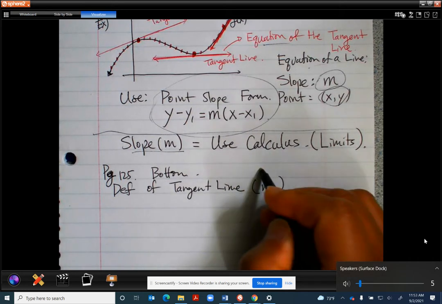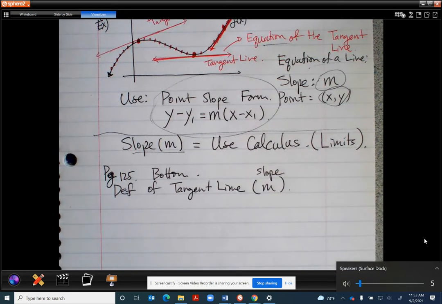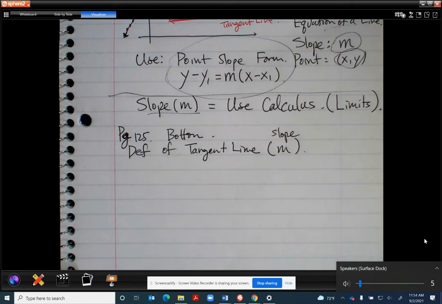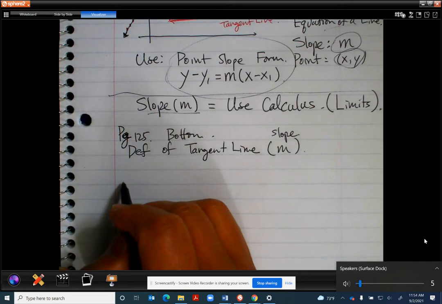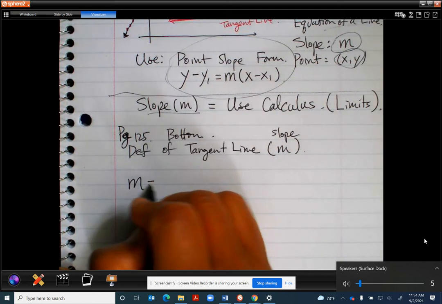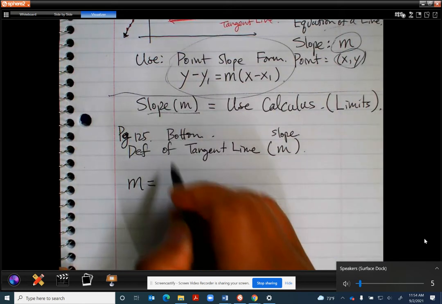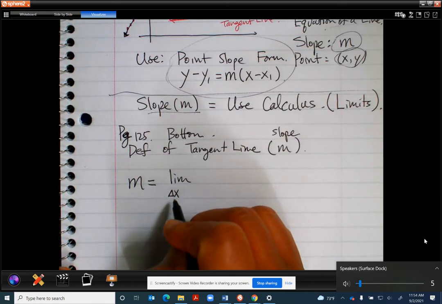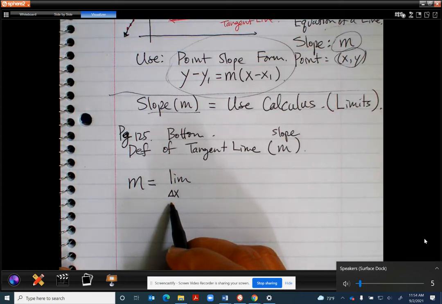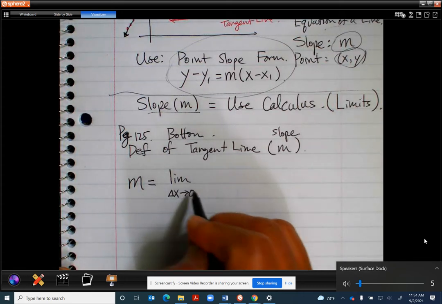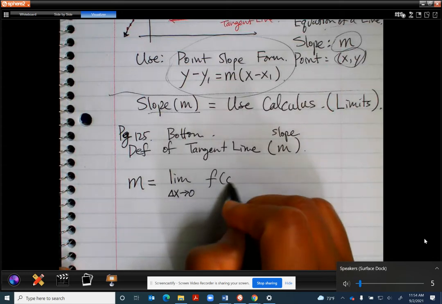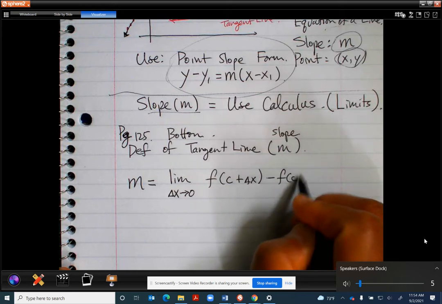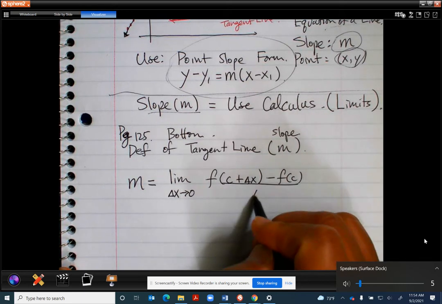That's your slope. Okay, what does it say? The formula, it says m, which means slope. You guys know that, right? m is equal to the limit as delta x, did you know that this is delta x, goes to 0, of f of c plus delta x minus f of c all over change in x.